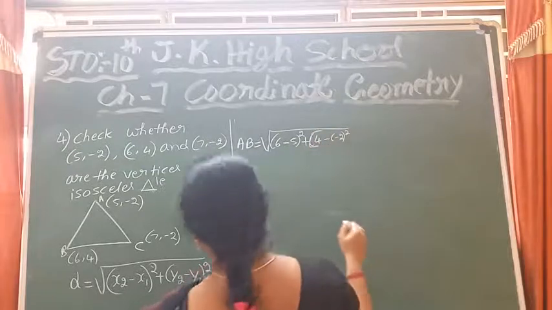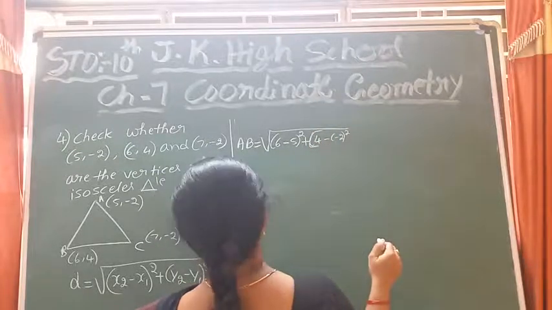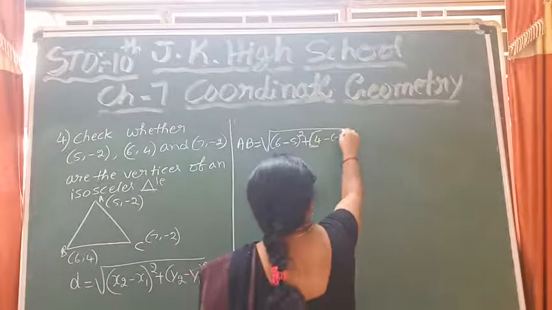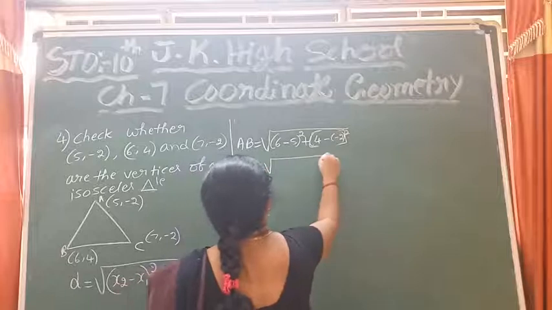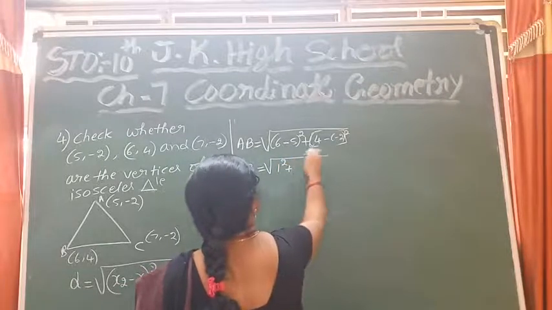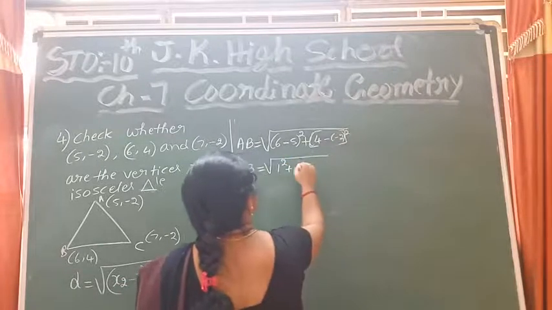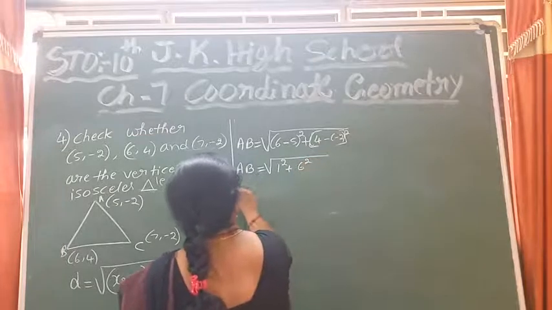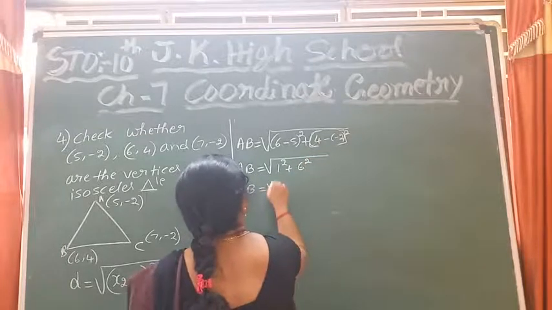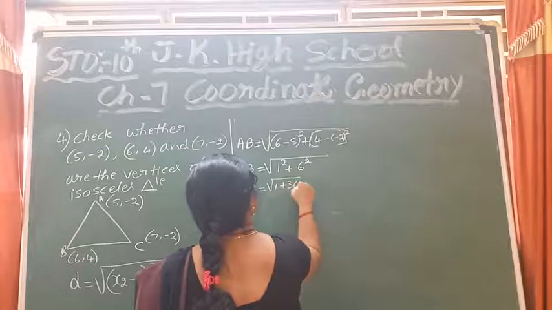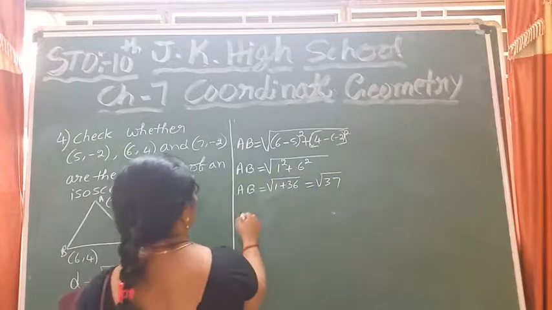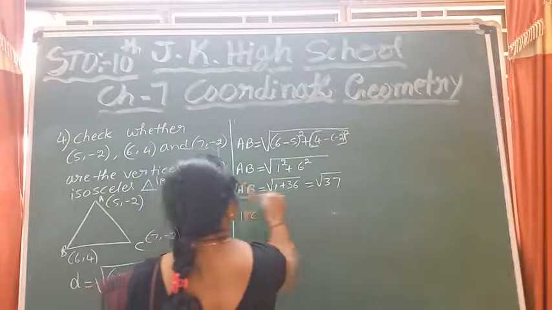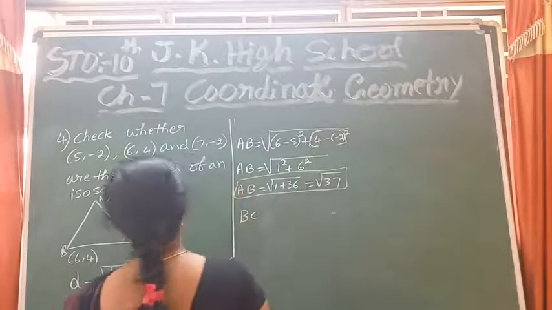After simplification, AB is equal to the square root of 1 square plus 6 square, because 4 minus into minus becomes plus, it becomes 6. So the AB measurement is 1 square plus 36, which is the square root of 37. I got it. In the same way, find the BC measurement.